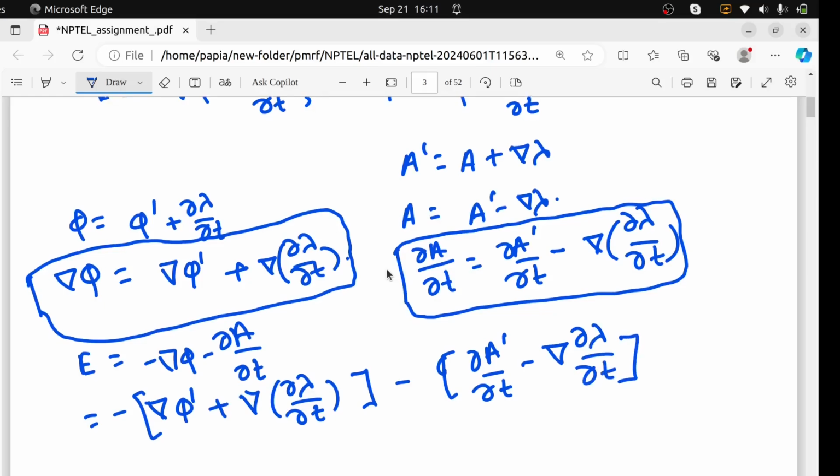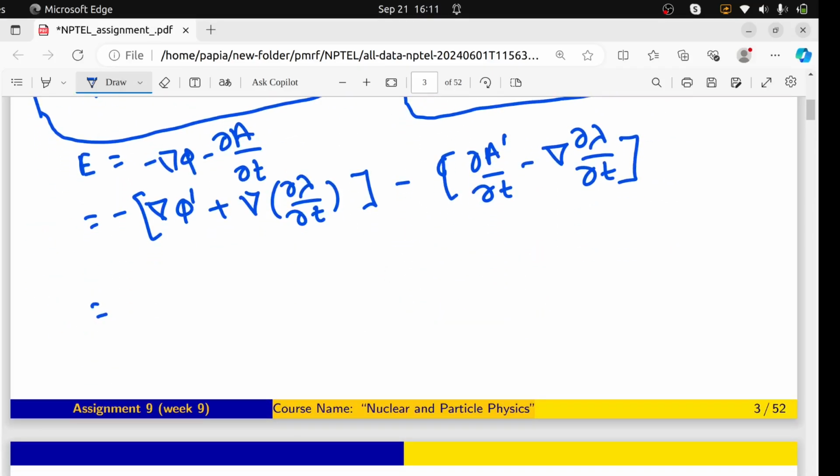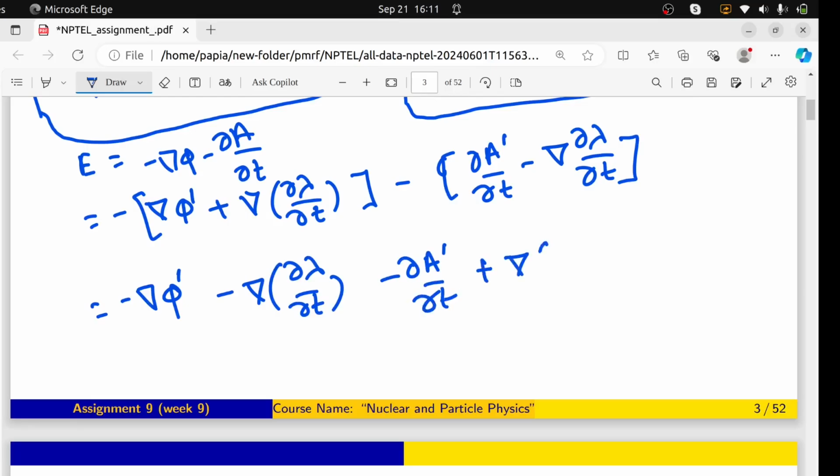Okay. So now it will be minus grad phi prime minus del of del lambda del t minus del A prime del t plus grad of del lambda del t. Now you can see this is plus and this is minus. So it will be minus grad phi prime minus del A prime del t. So this is E.